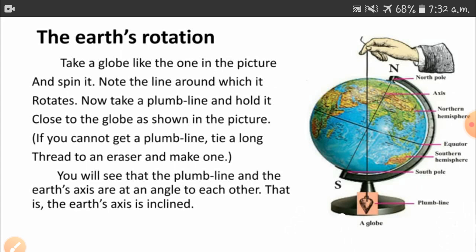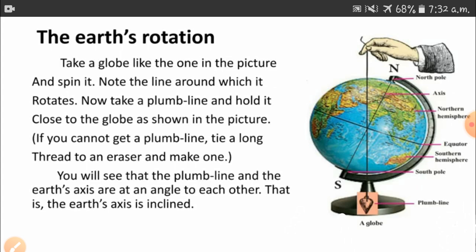An axis is an imaginary line around which an object moves. So in this case, our Earth is moving around an imaginary line which is called the axis, and this axis of the Earth's rotation is not straight, it is inclined, it is slanting.